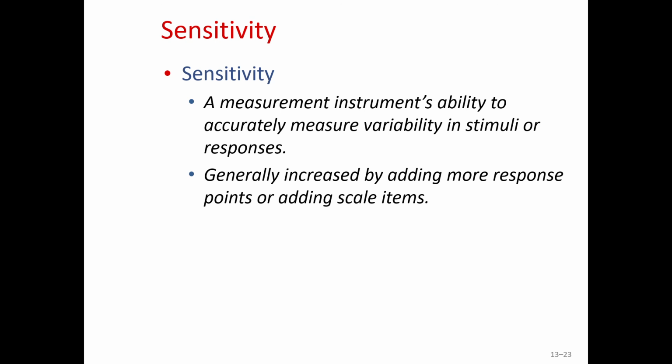So a more sensitive measure with different categories on the scales may be needed as well. The sensitivity of a scale based on a single question or a single item can be increased by adding questions or items. Because composite measures allow for a greater range of possible scores, they are more sensitive than single item scales. So that's why sensitivity generally increases by adding more response points or adding different scale items.